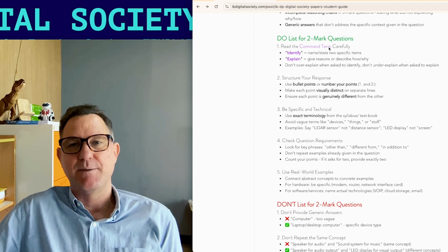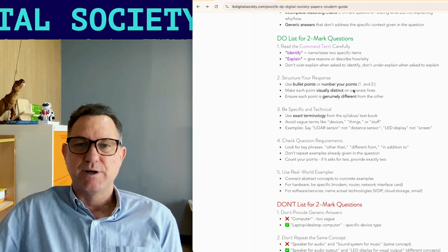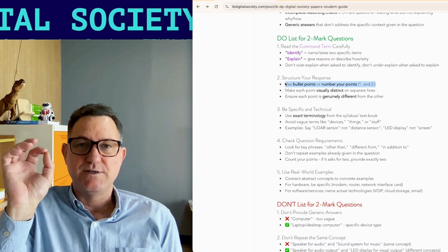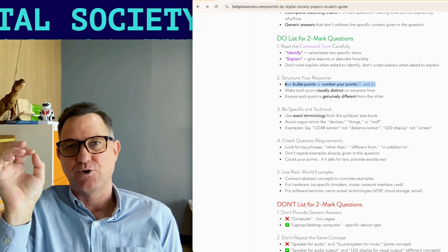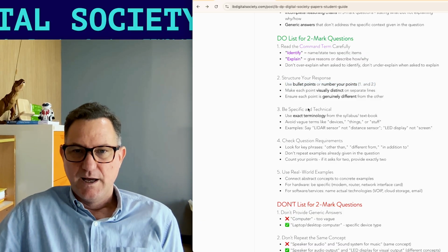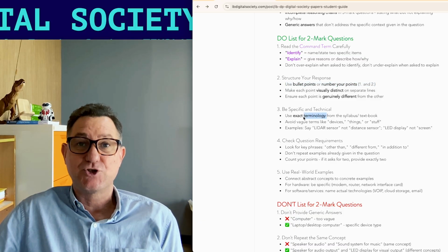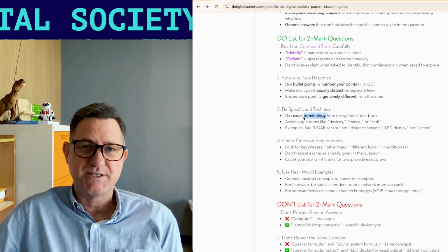Okay, here's a list of do's. I've already talked about the command terms, how important the command terms are. Structuring, we've already talked about that. These questions are great for numbers or bullet points. Be specific. Remember, the examiners are looking for you to use precise terminology, subject-specific terminology.